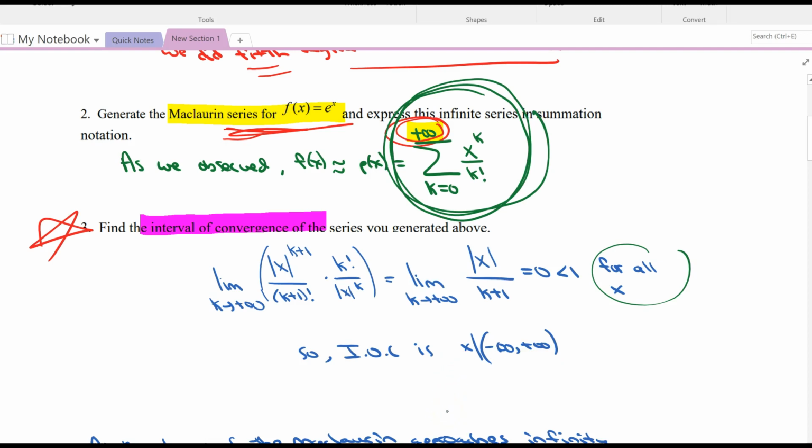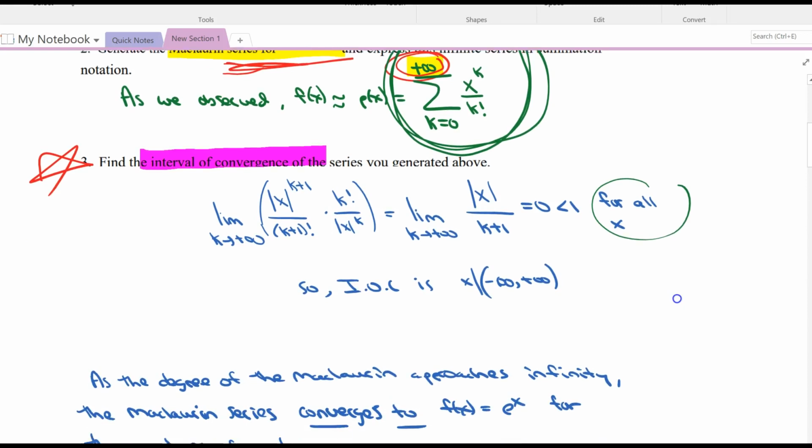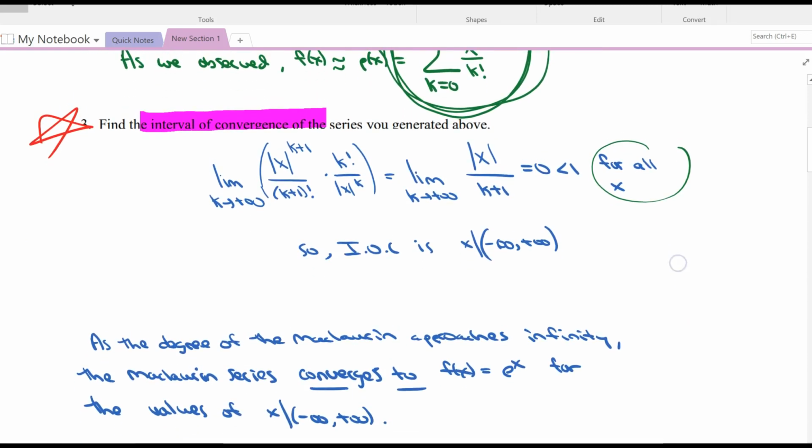Now, here is the big point in all of this. As the degree of your Maclaurin polynomial approaches infinity, the Maclaurin series, because it's the infinite series, converges to the function you are approximating for the values of x that are in the interval of convergence.